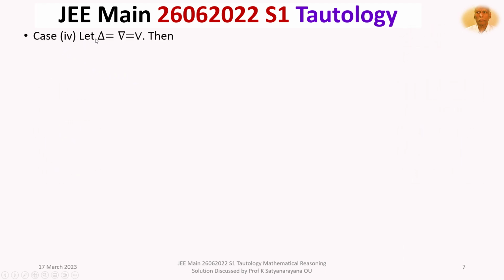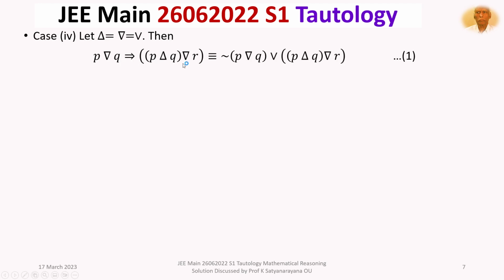Let delta be equal to del be equal to R. Then the given expression is logically equivalent to negation of P del Q or P delta Q del R. That is the Boolean expression 1 which we have already considered.